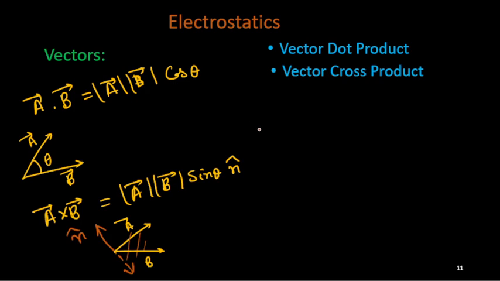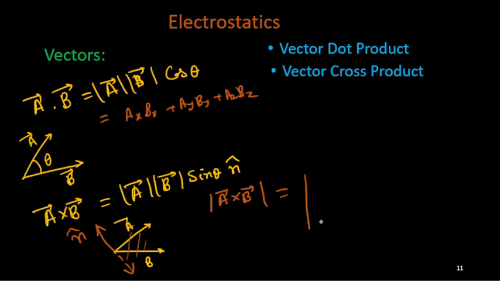And how to compute a dot b and a cross b is also very easy. For a dot b, component wise you multiply ax into bx, then ay into by, and az into bz, and then add them.